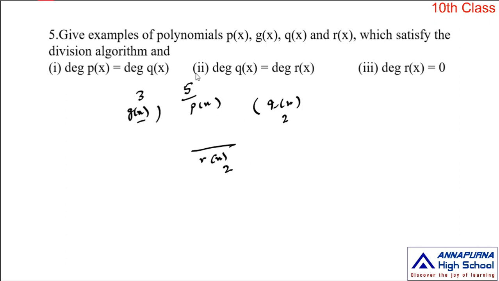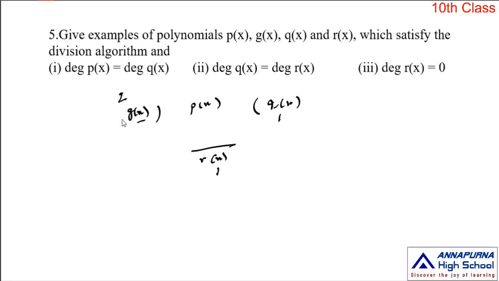I am not saying it must be exactly like this; some may do it like this also. For example, if the quotient is a first degree polynomial, as per the given condition the remainder is also a first degree polynomial. Then what is the degree of the divisor? As per the relation between the degree of remainder and the degree of divisor, you must take the degree of divisor as 2.